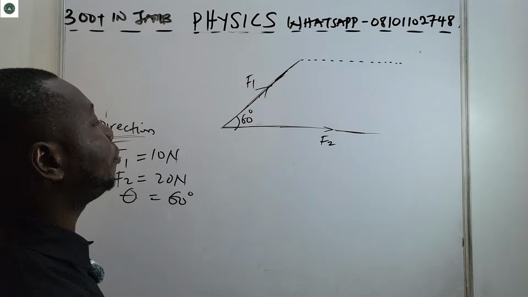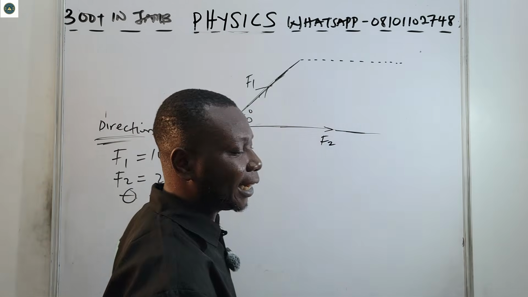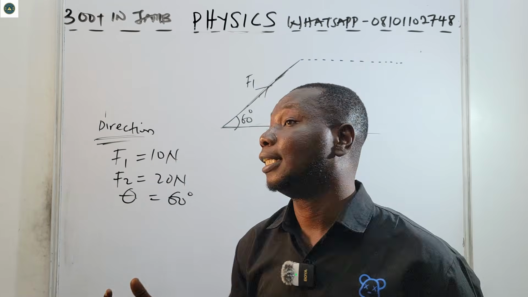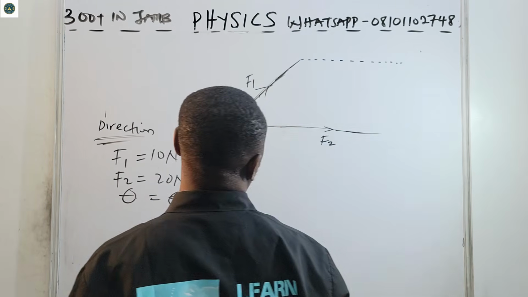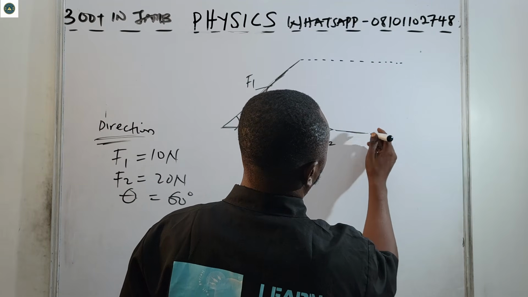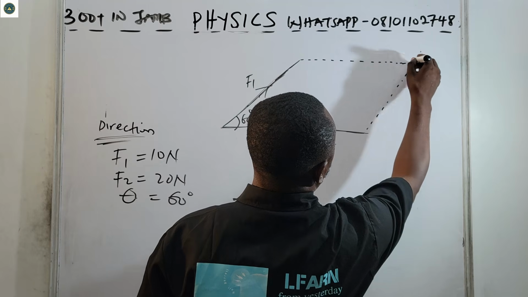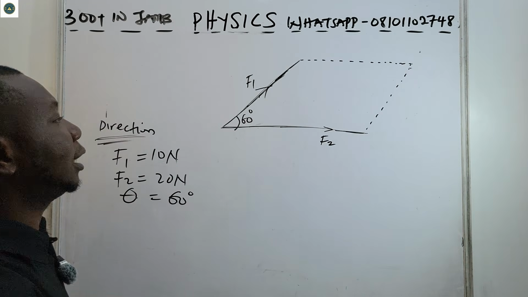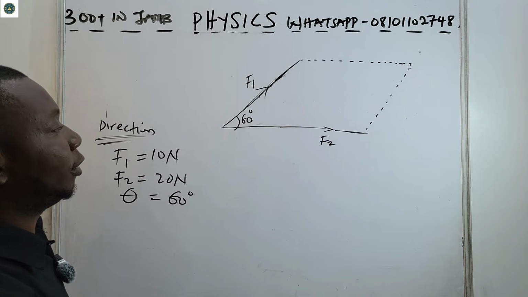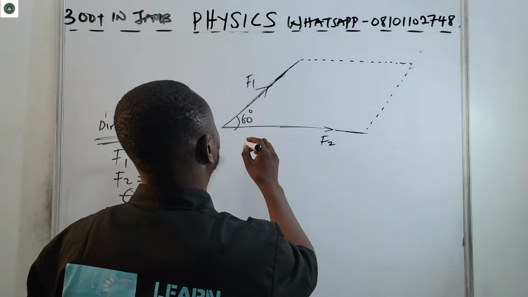Since it's acting at 60 degrees, which is less than 90 degrees, that's an acute angle, definitely we can have a parallelogram.